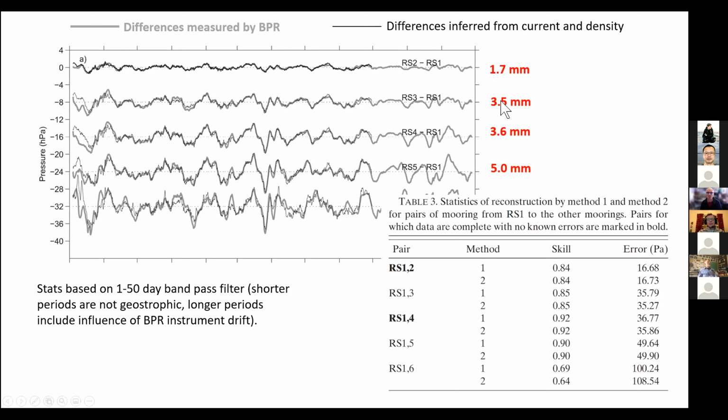And you're seeing the standard deviation of the difference here. So this is going from the top one to the next one, the top one to the third one, top one to the fourth, top one to the fifth. The 6th one was down on the abyssal plain and was doing rather different things. We're getting sub-centimeter agreements on all of these timescales.